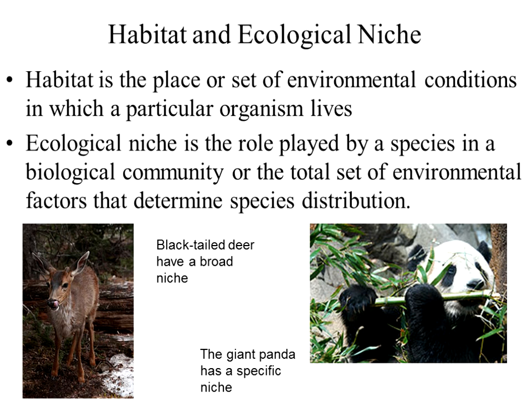Black-tailed deer, which I mentioned, is a local species, has a very broad niche. You probably see black-tailed deer everywhere. The giant panda, on the other hand, has a very specific niche. The giant panda inhabits a particular region of China, naturally, and depends almost totally on bamboo forests for its nutrition. Both of these species are highly successful in the environments that they're adapted to.